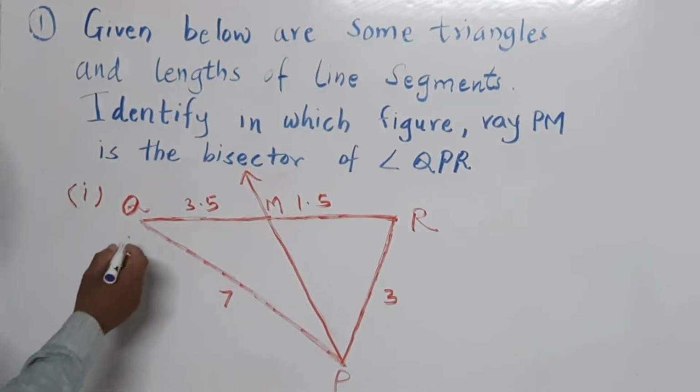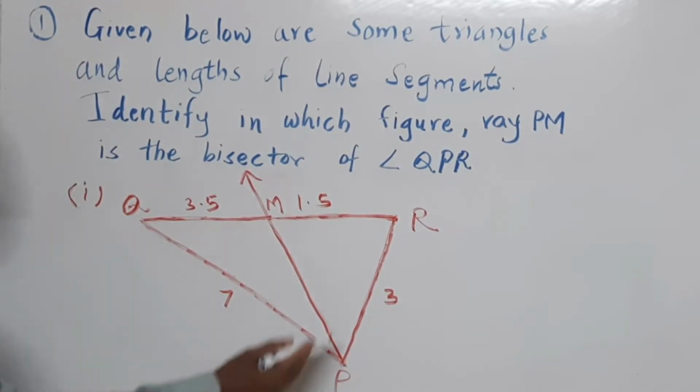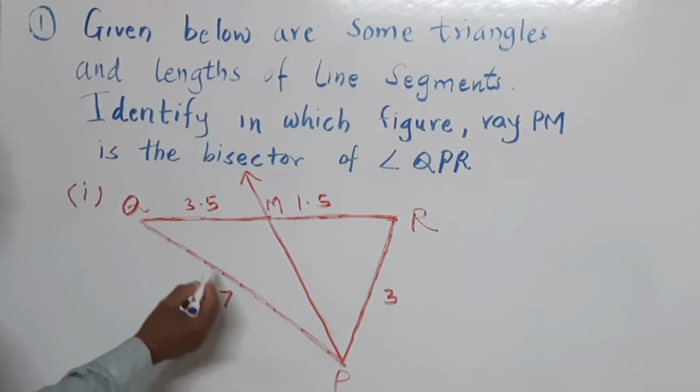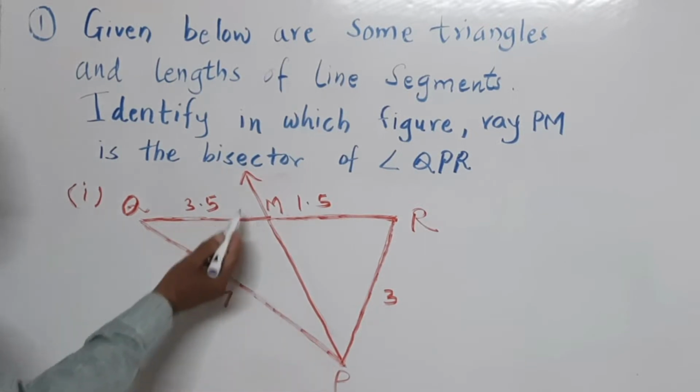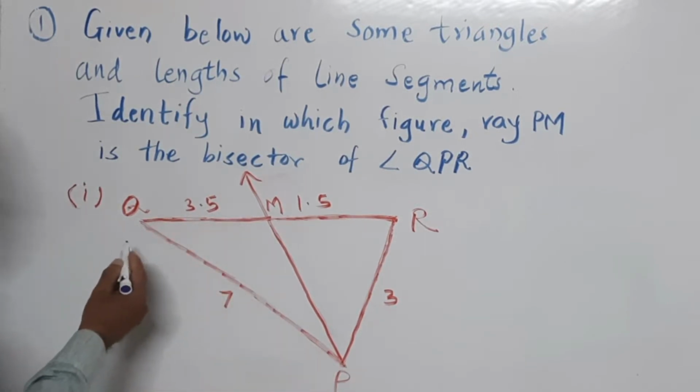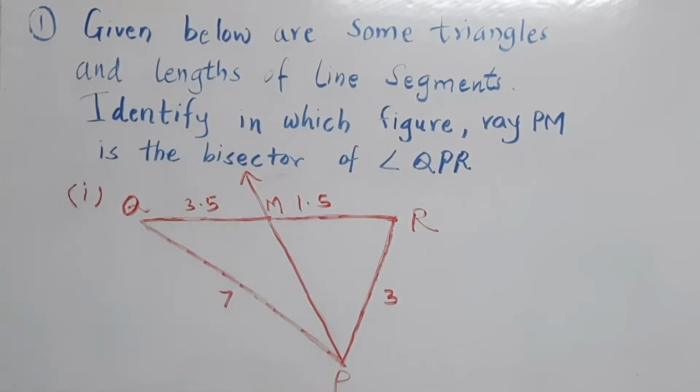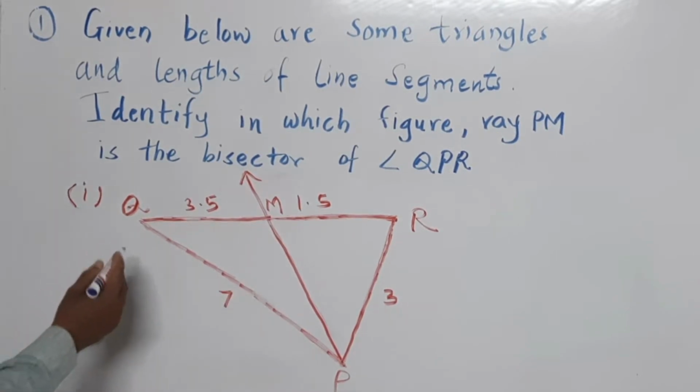So in that first example, here in triangle QPR, the lengths of the sides are given. Here you have to decide whether ray PM is bisector of angle QPR.